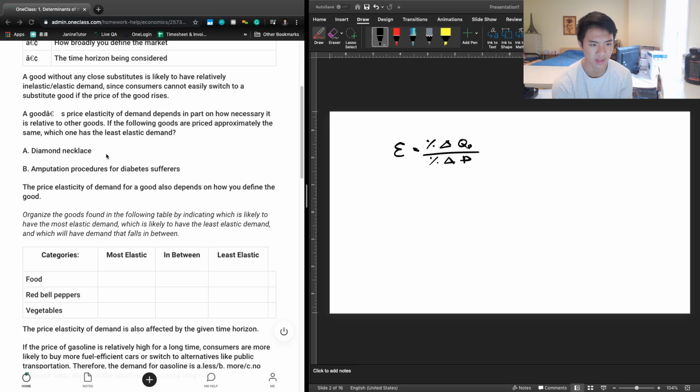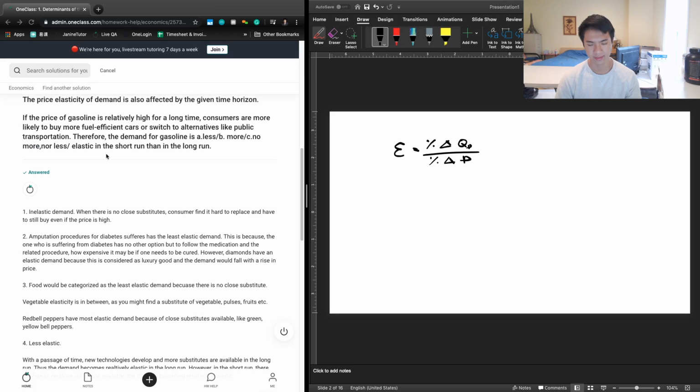You can think of a scenario in which you raise the price by 200%, and many of these diabetes sufferers would still probably demand the amputation procedures because they're necessary for continuing to live. And so that would be something that we consider to have very inelastic demand, and so we would probably pick amputation procedures over diamond necklaces for the good that is the least elastic. And that would be the correct answer there.